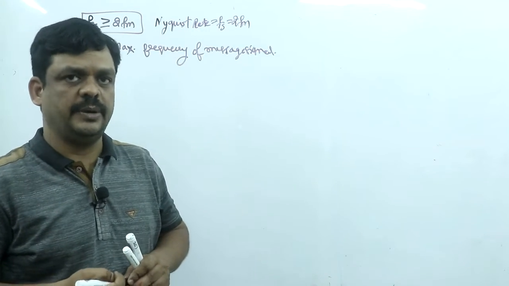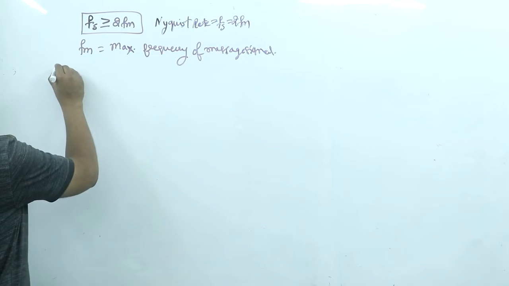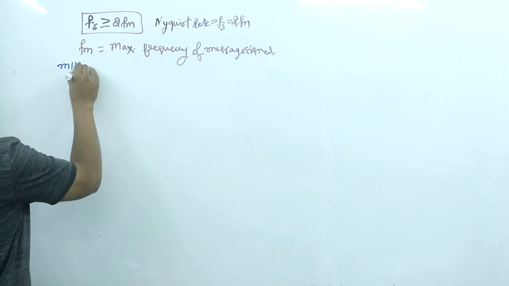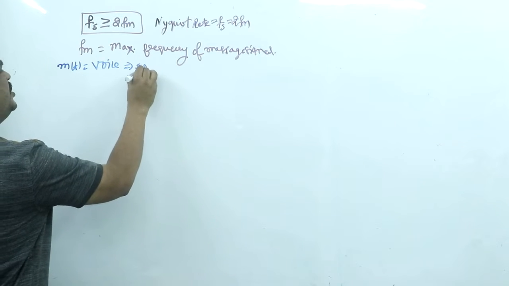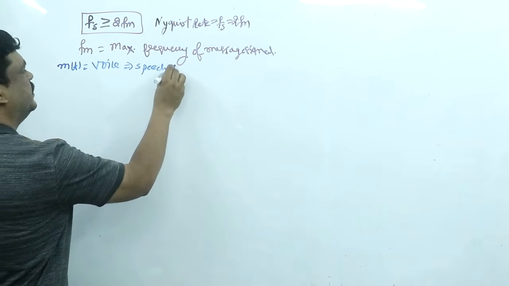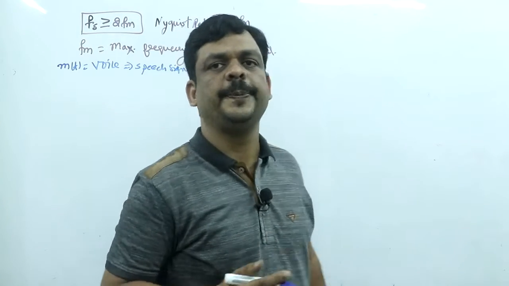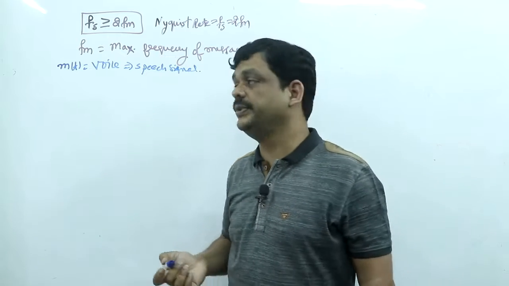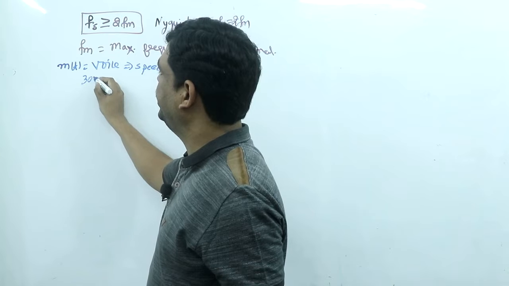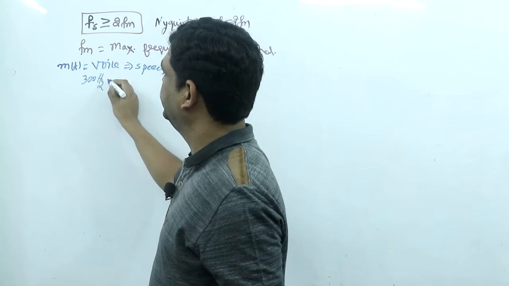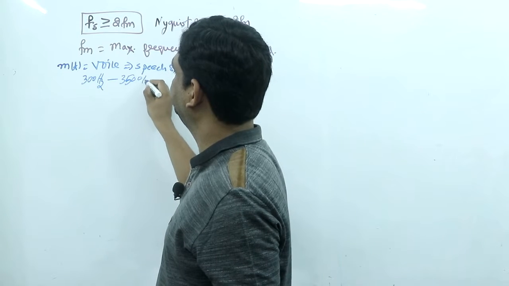First of all, I am taking the message signal to be a voice signal. Let us assume m of t is a voice signal, or we can call it a speech signal. The frequency range of a voice signal is defined from 300 hertz to 3500 hertz.